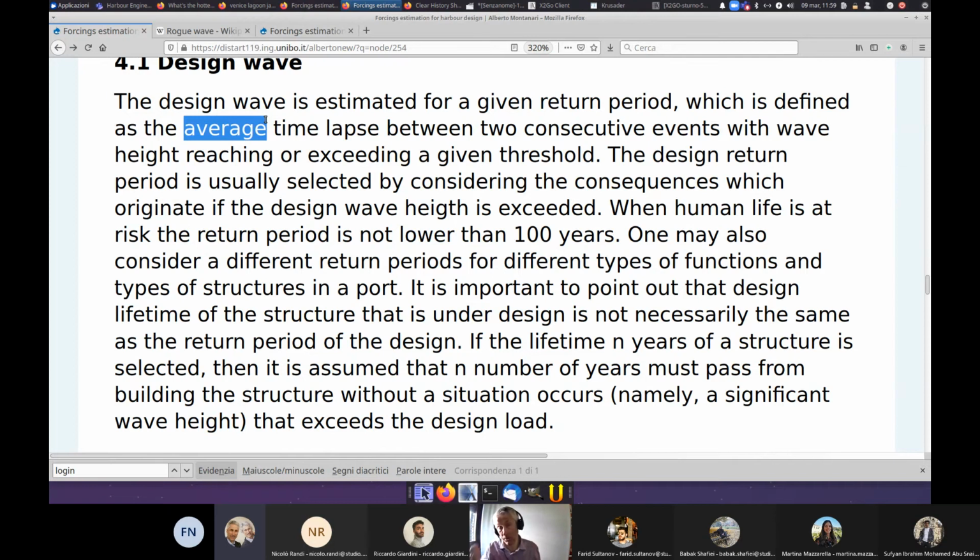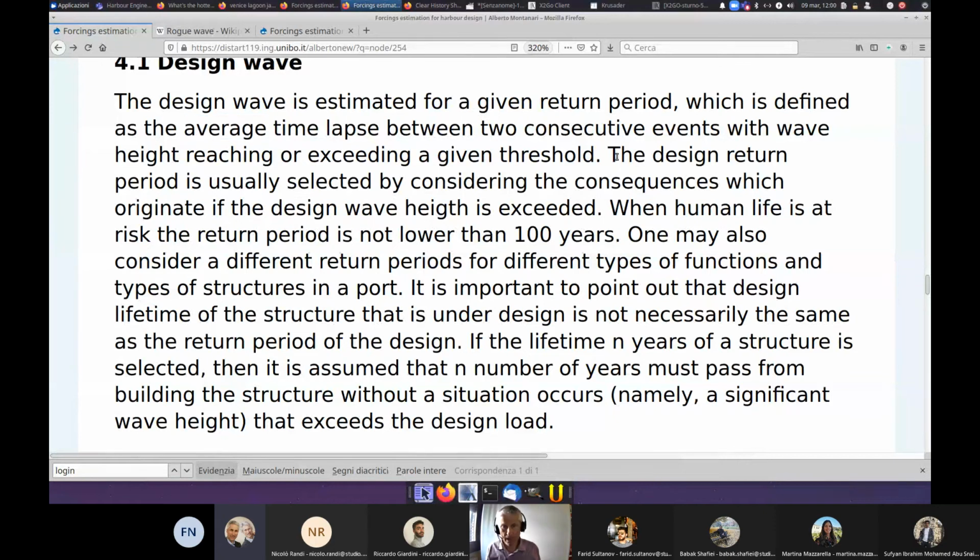And this is extremely important because we don't have any deterministic information that may allow us to be certain about a random event. A random event is random, so we can only speak about its statistics. So average is precisely a statistic. Don't forget to say the average time lapse.